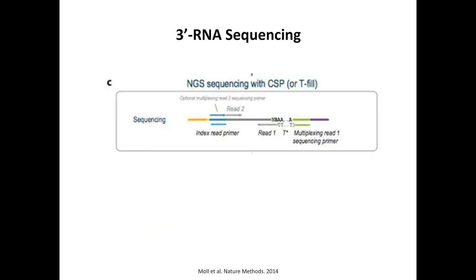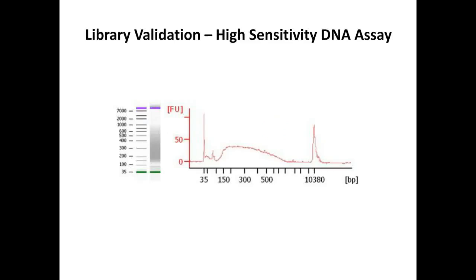After synthesizing the cDNA library, the libraries are sequenced, and you can find more information about how sequencing can be done in this paper by Moll et al. My talk will be about how we analyze this data after sequencing.